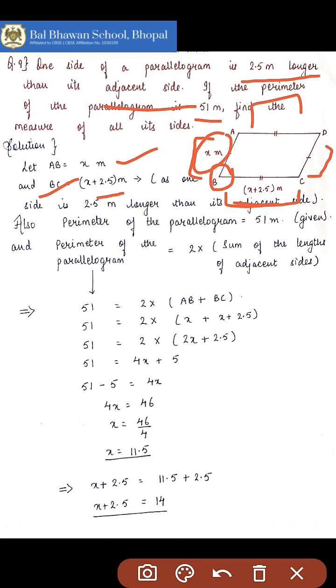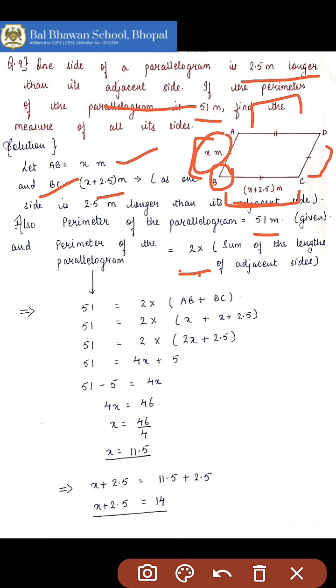Now here the perimeter of the parallelogram is 51 meters. This is given to you. And the formula for perimeter of a parallelogram is 2 into the sum of the lengths of the adjacent sides, like we do in a rectangle.